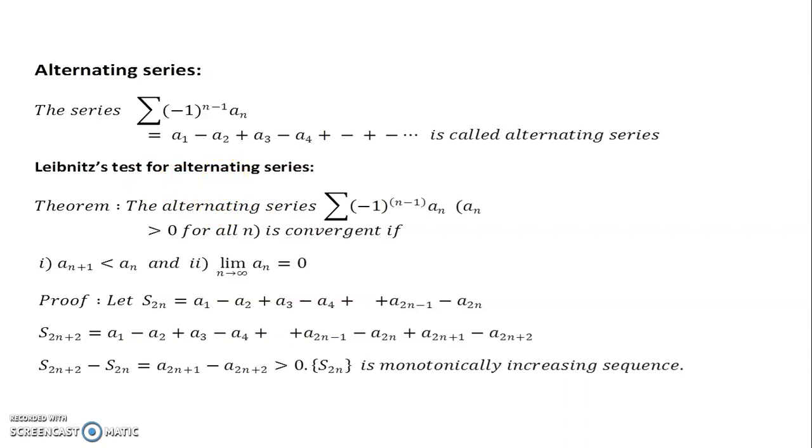So we can see the test derives from these two conditions: one is an plus 1 is less than an, and the other is limit an equals 0. So let us take S2n as the alternating series.